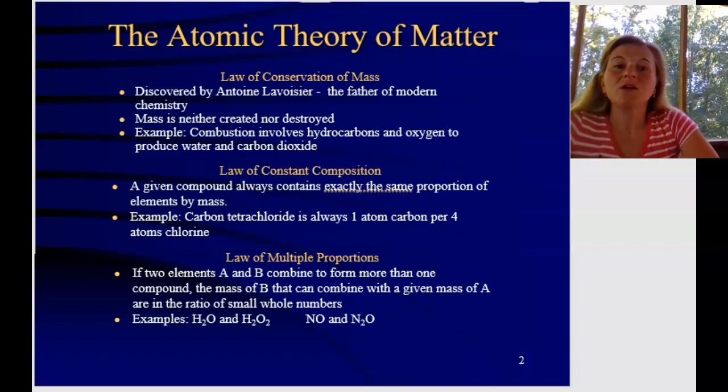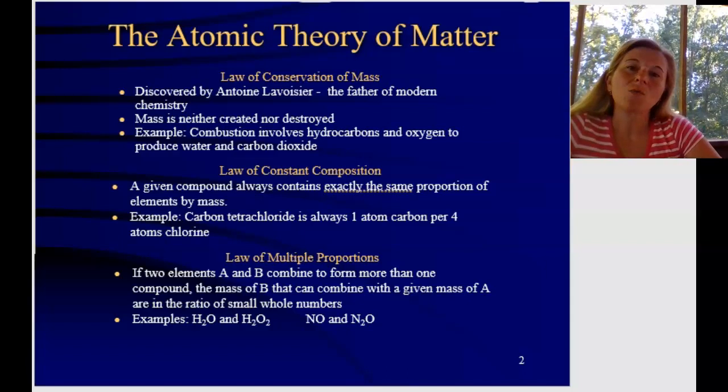The law of constant composition is that when we do have a combination of atoms coming together, that combination will always be in the same ratio. So our quickest example that pops into our head, water, right? I say water to you and a lot of you might automatically think H2O. 2 hydrogens and 1 oxygen.